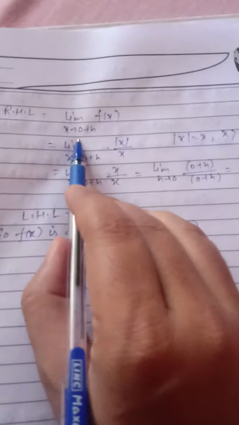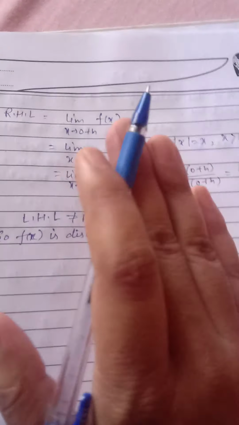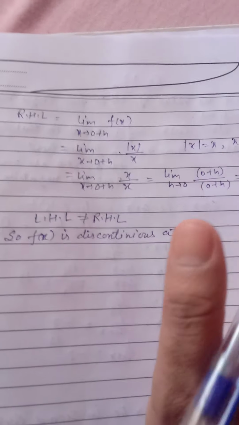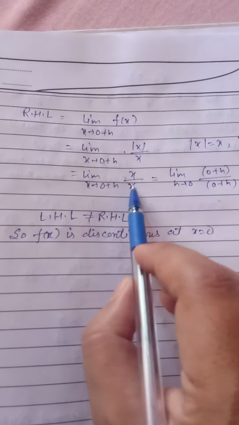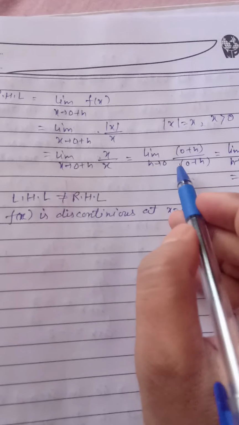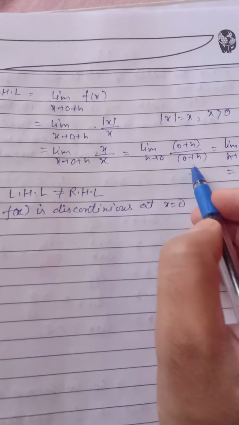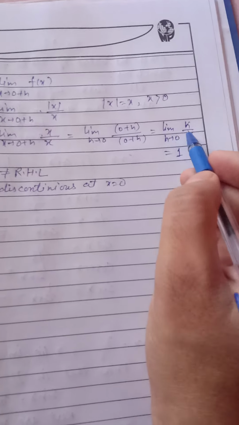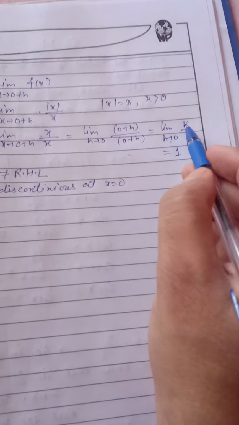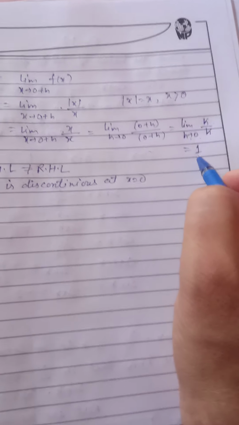Since 0 plus h is greater than 0, we will put x in place of mod x. So by putting the value of x as 0 plus h, we get limit h upon h, h tends to 0, and h upon h is equal to 1.